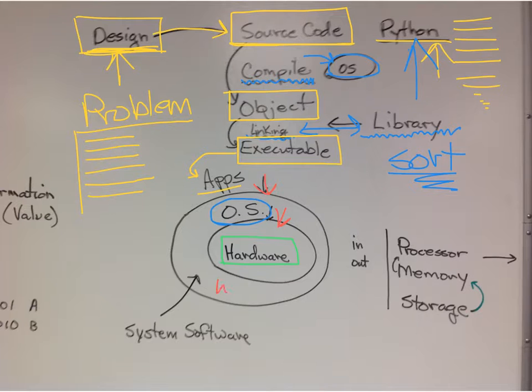This layer in here is more than just the OS. There can be other things in there too, called system software. System software manages the hardware. So, we're going to look at an example.